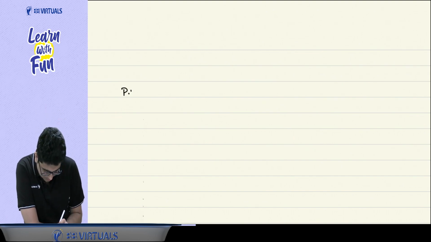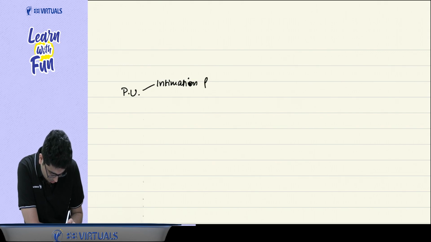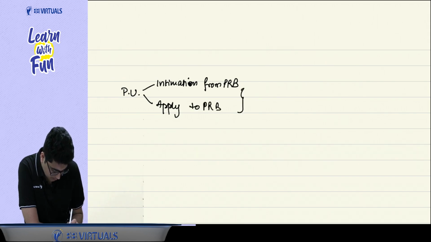So first of all, the practicing unit may get an intimation from the peer review board, okay, or it may on its own apply to the peer review board for the purpose of peer review.